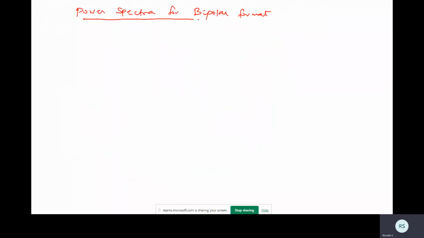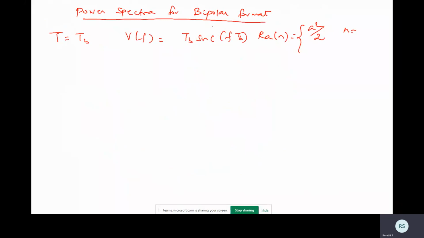Power spectra for bipolar format. So here for bipolar format again we are having t equal to tb. V of f is tb sinc of ftb only. RA of n, here we are having 3 values, that is a square by 2 when n is equal to 0, minus a square by 4 when n is equal to plus or minus 1, and 0 otherwise.